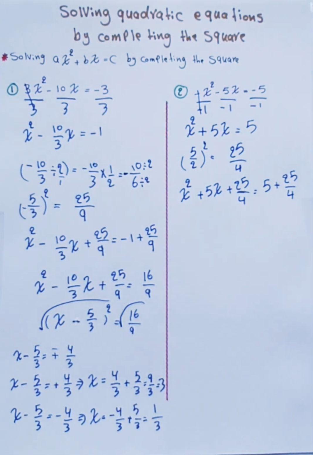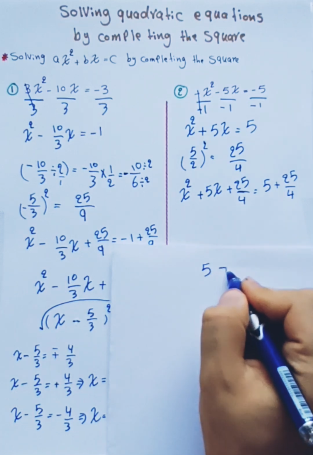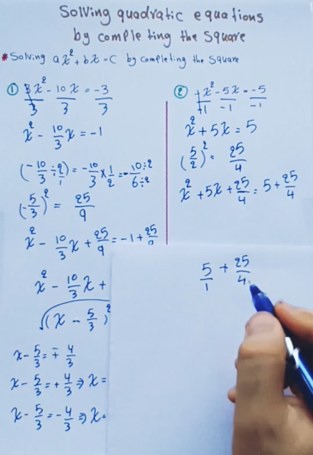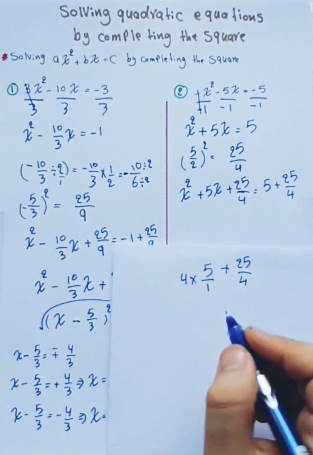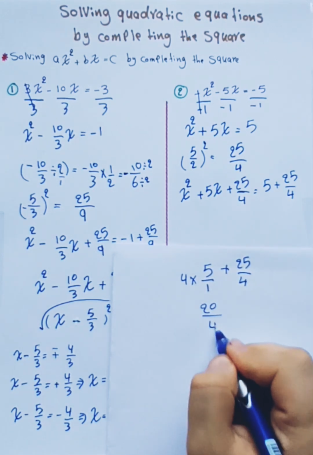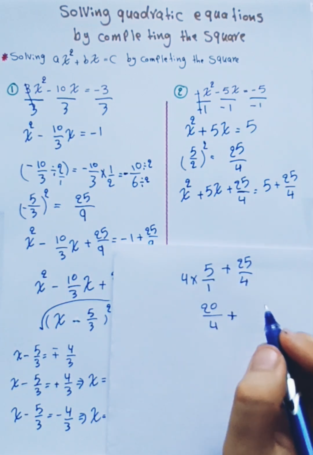After that, we have to add 5 with 25 out of 4. You have to make this whole number a fraction, and then the least common multiple for 1 and 4 is 4. You have to multiply the first fraction by 4. 4 times 5 is 20, 1 times 4 is 4, plus 25 out of 4.